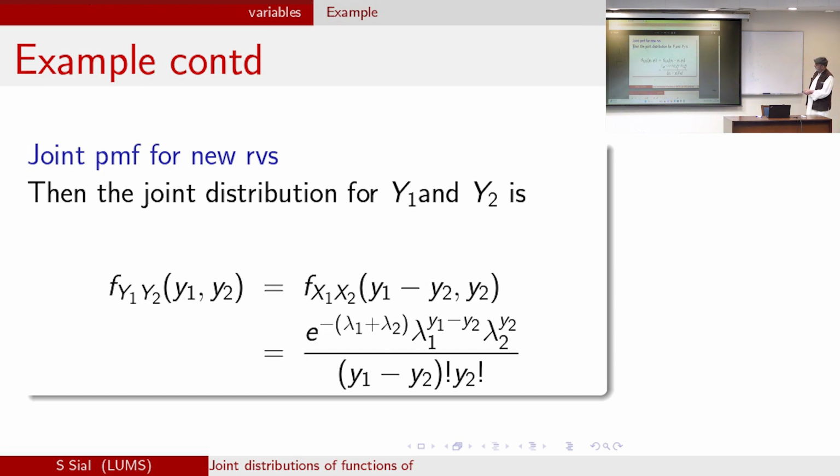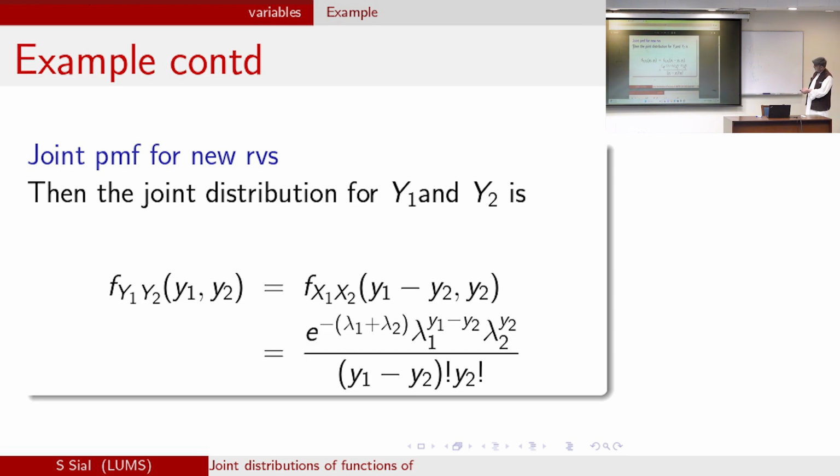So this is what we do. The PMF for the new random variables y1 and y2, evaluated at y1 and y2, is given by the PMF for the old random variables x1 and x2. I replace x1 in terms of y1 and y2, it's y1 minus y2. And I replace x2 in terms of the new random variable: x2 is the same as y2.